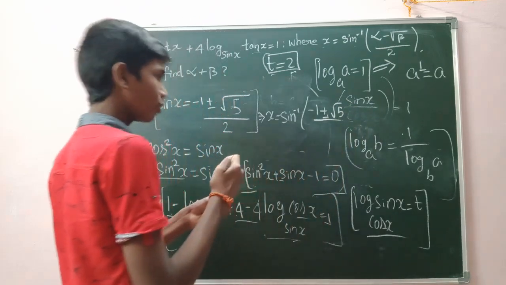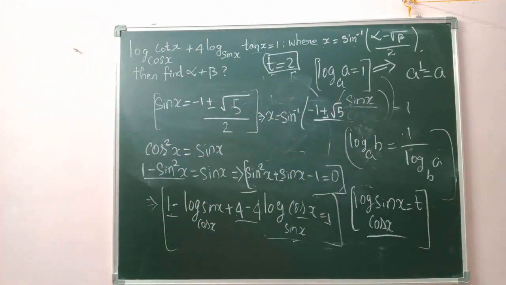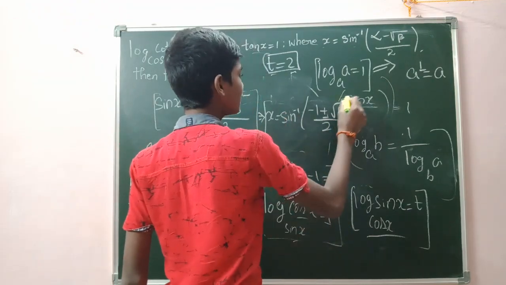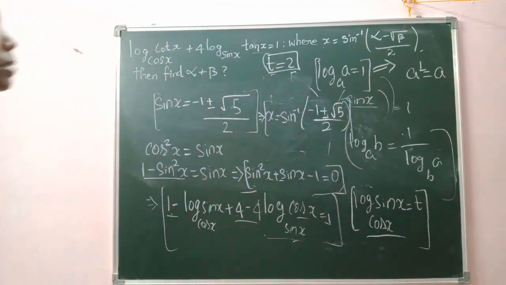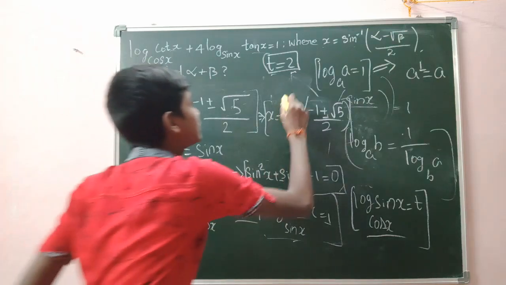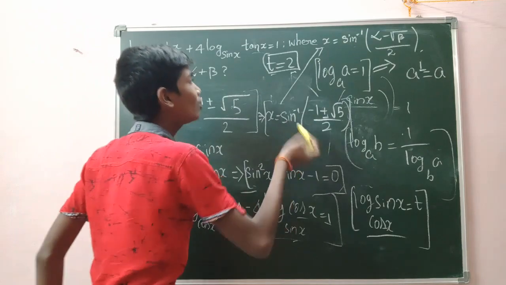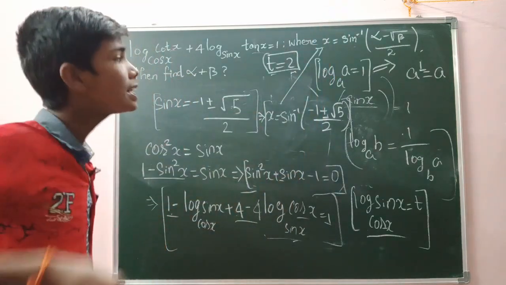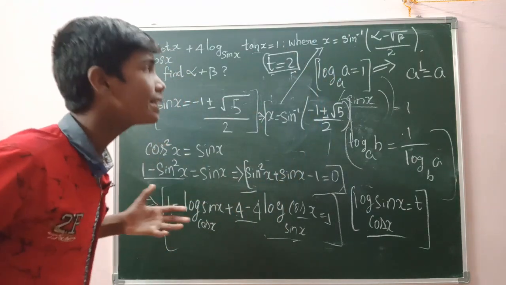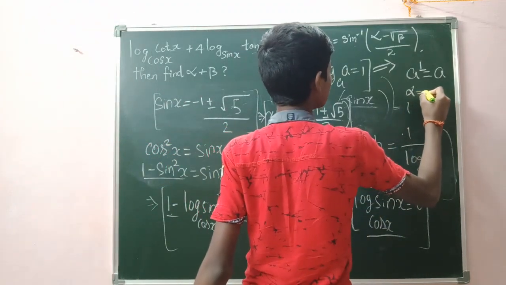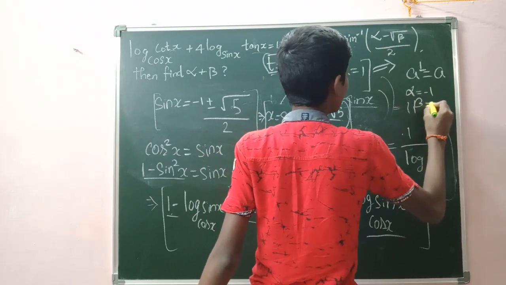And now the question is done, because we know that x is nothing but sin inverse of minus 1 plus or minus root 5 by 2, and this x is given in the question. Also, these two sin inverse terms are in sync because 2 is in the denominator. Therefore, I can say that alpha is equal to minus 1 and beta will be equal to 5.